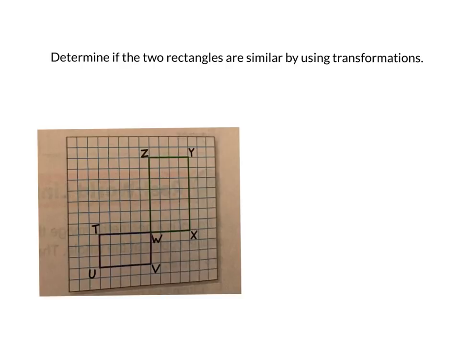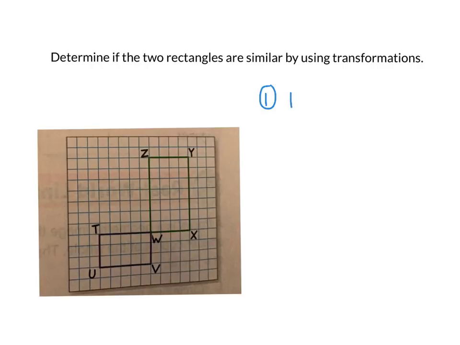Okay, we're going to do something similar here. We're going to determine if these two rectangles are similar to one another. So what I'm going to do first, again, is look: do they have a similar orientation, or are they turned the same way? And they're not.